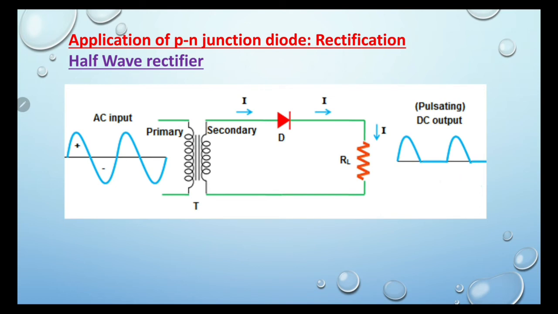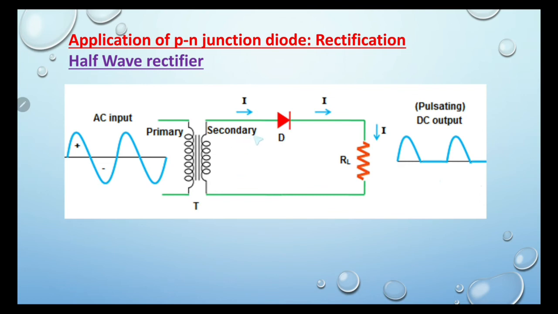Suppose this is the first half of the cycle. If the first half of the cycle is applied here, this terminal becomes positive, so the diode is in forward bias.